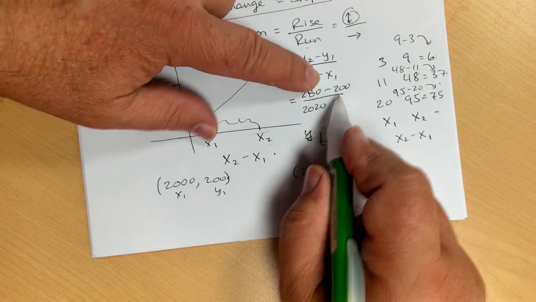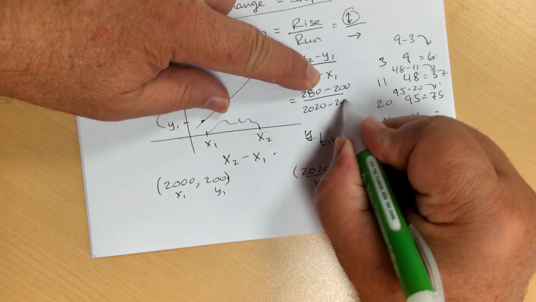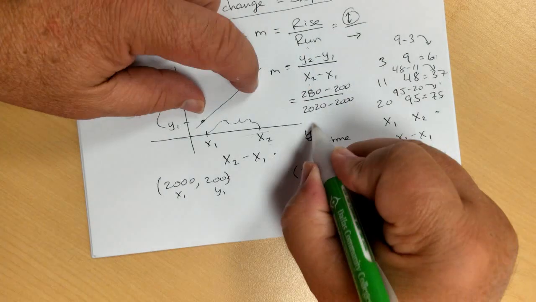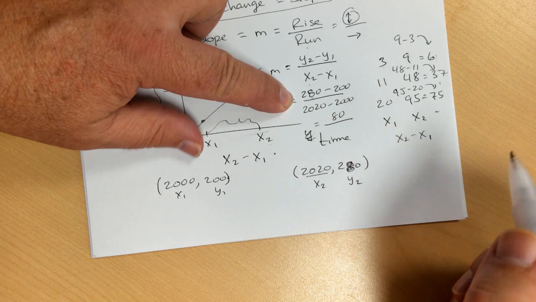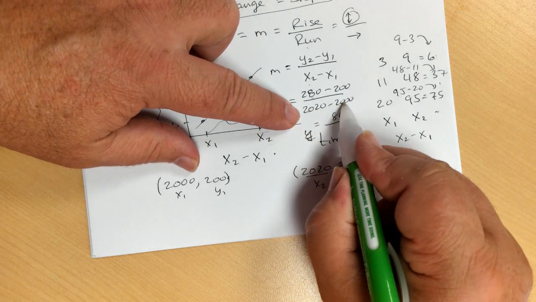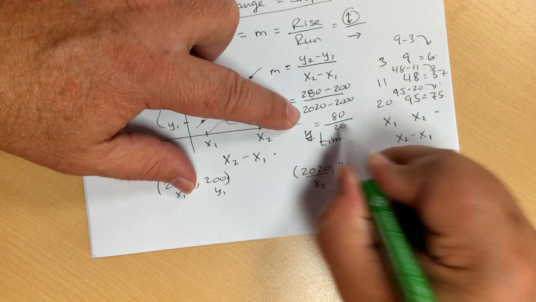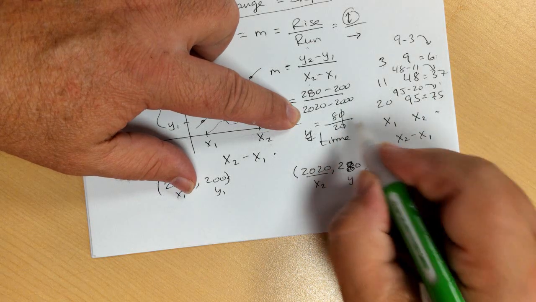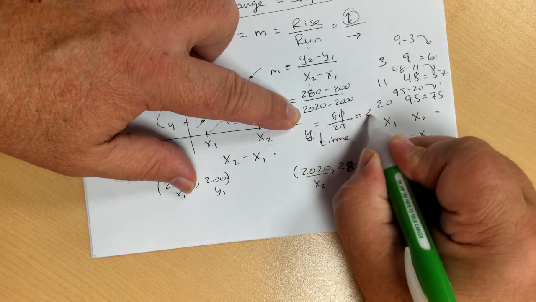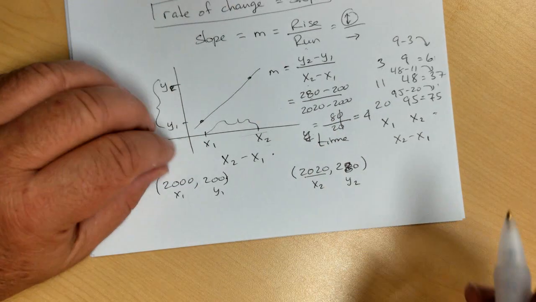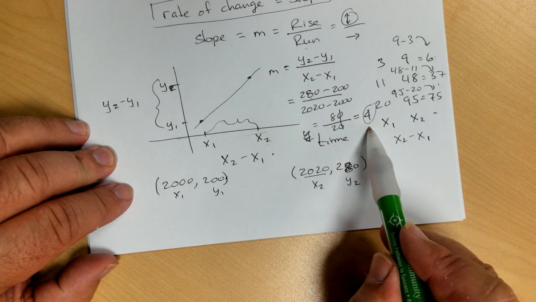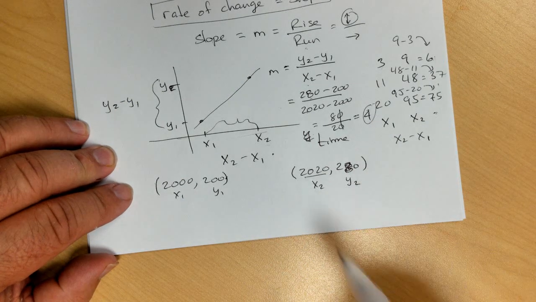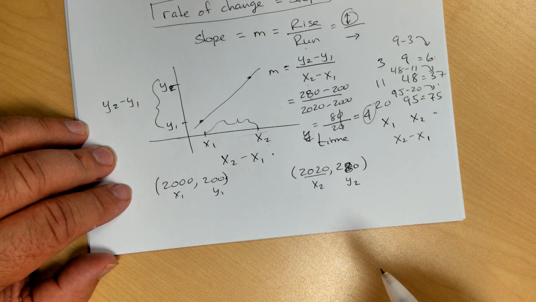And x1 is 2000. 280 minus 200 is 80. 2020 minus 2000 is 20. The zeros cancel. 8 divided by 2 is 4. So what this tells us is each year we get 4 new employees a year. 4 new male employees a year. That's what it tells us. That's the rate of change.